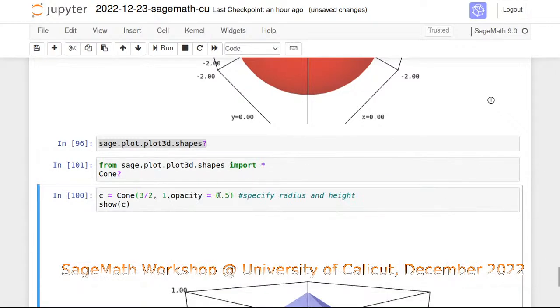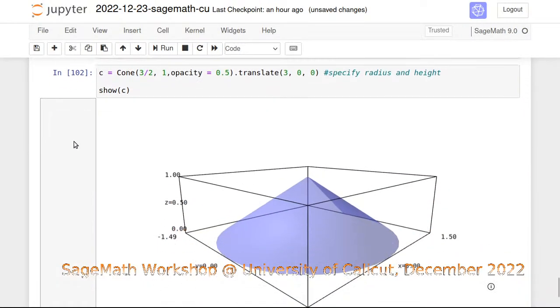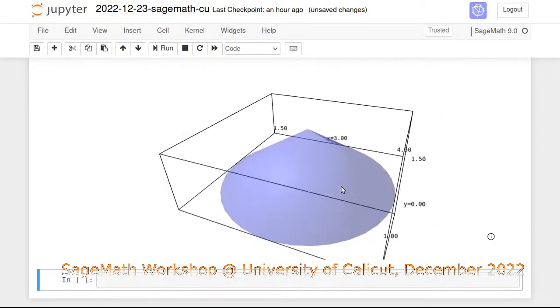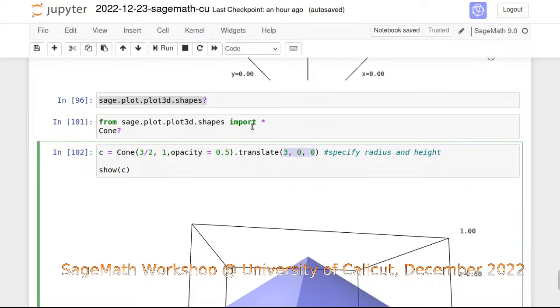What is meant by translate? Let us see that translate in action. Let us use the translate with this. Or let us just translate this by 0, 0, 0.3.